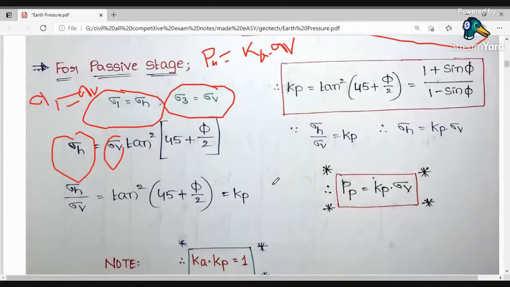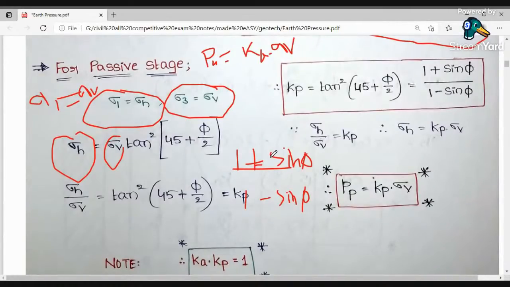And you have to remember from trigonometry that tan square (45 degree plus phi by 2) we can write as (1 plus sine phi) divided by (1 minus sine phi), it is opposite to the active earth pressure. In case of active earth pressure, the value is (1 minus sine phi) divided by (1 plus sine phi).